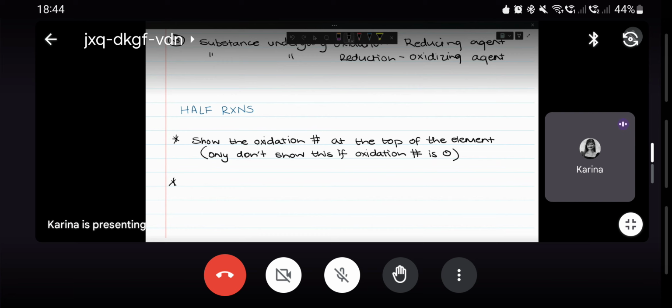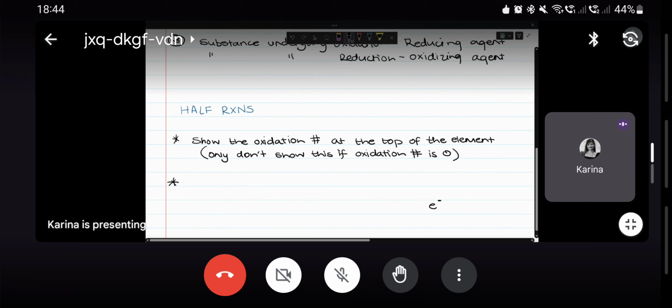The next important thing is you always want to show how many electrons are gained or lost. So we've looked at that previous example. I'm sure you're doing this at school as well. But when we write electrons, we show it with this symbol. So e for electrons, and we always use the negative at the top like that. But we don't just say plus electrons. We want to be specific. If there's three electrons, we'll put a three in front.